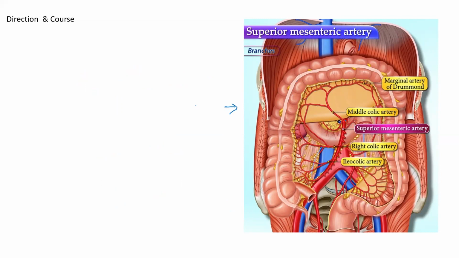So what are the structures crossed by the superior mesenteric artery anteriorly? That's the third part of the duodenum. This is aorta, this is IVC. That's the right psoas major. Over the right psoas major, you'll get to see the right ureter, the right gonadal vessels. So it crosses downwards, forwards to the right, crossing these structures.